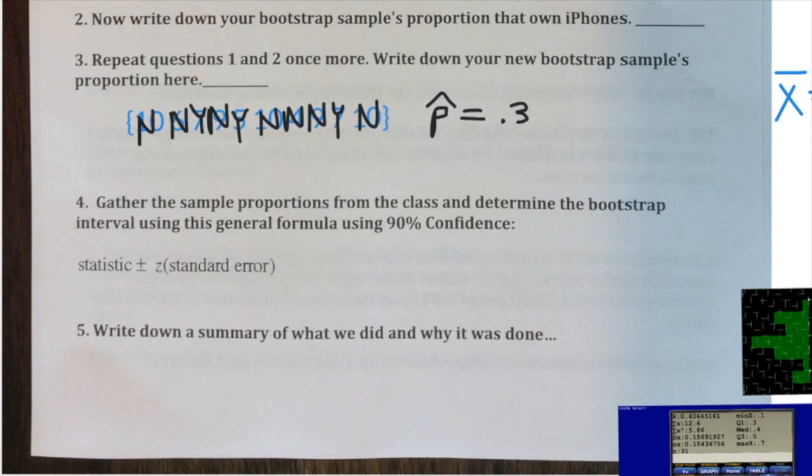Question 4 is what we've been waiting for. We've been waiting to create a confidence interval that will help us predict the percentage of the school that own iPhones. In order to get to the Bootstrap interval formula, which is very simple, we need to have many more Bootstrap percentages, and so far we only have 4.